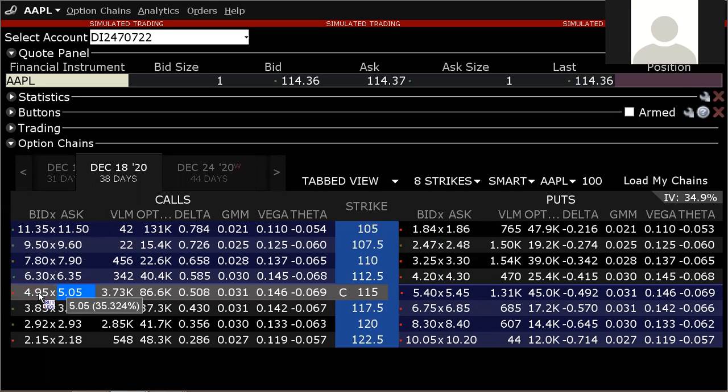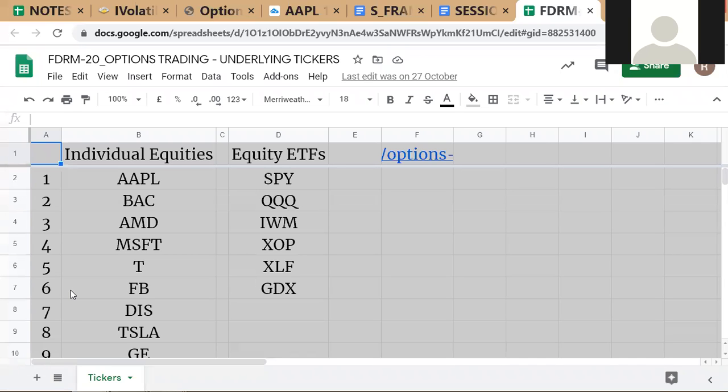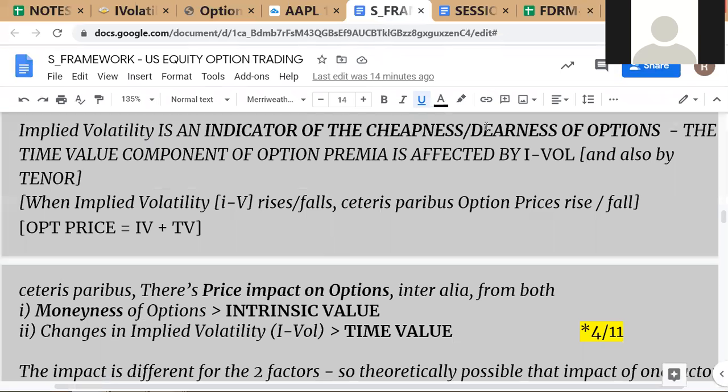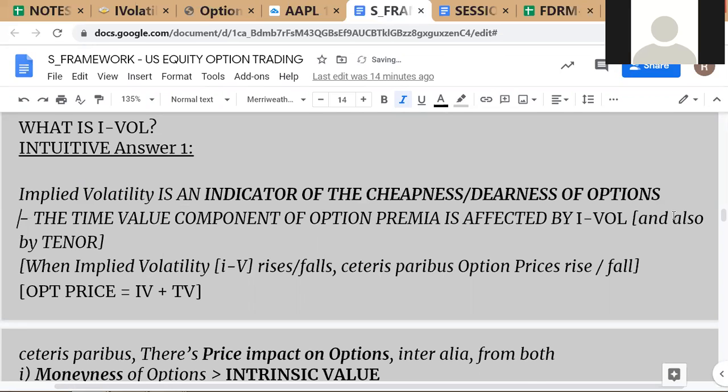That's why I said that I-Vol is an indicator of option prices. The first lesson, which may also be somewhere later in your notes, but I'm going to write it down here also: I-Vol is an indicator of option cheapness and dearness of options.